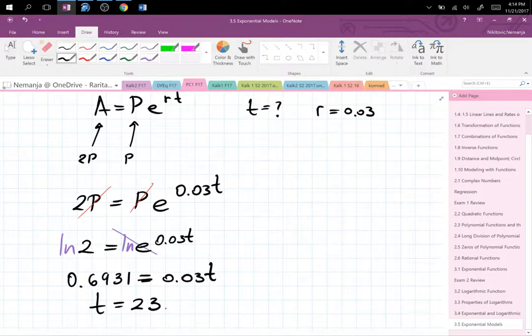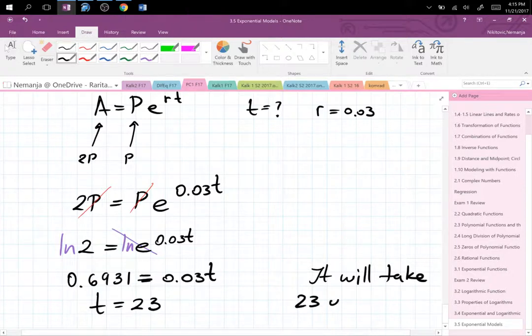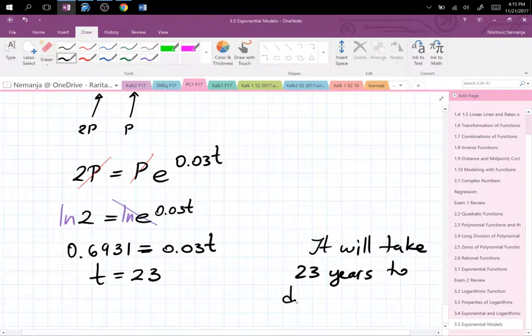So how long does it take to double your investment at 3%? 23 years. It will take 23 years to double the investment.